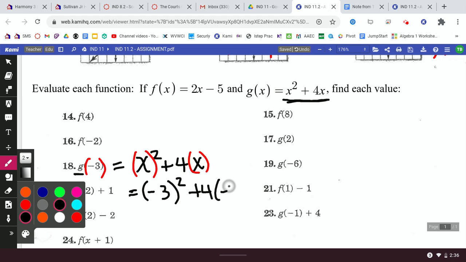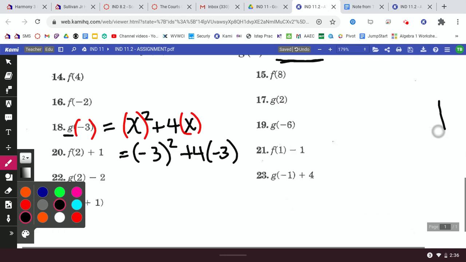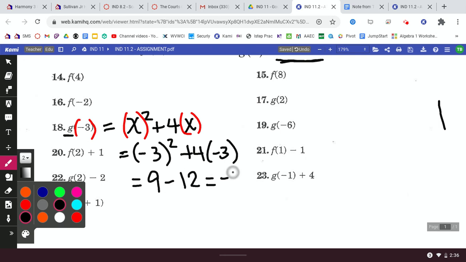Plus 4 times negative 3. Negative 3 squared does not mean negative 3 times 2. I've had a couple people do that today as a refresher, right? Squared means negative 3 times negative 3, which is positive 9. Positive 4 times negative 3 is negative 12, which equals negative 3. So g of negative 3 equals negative 3.